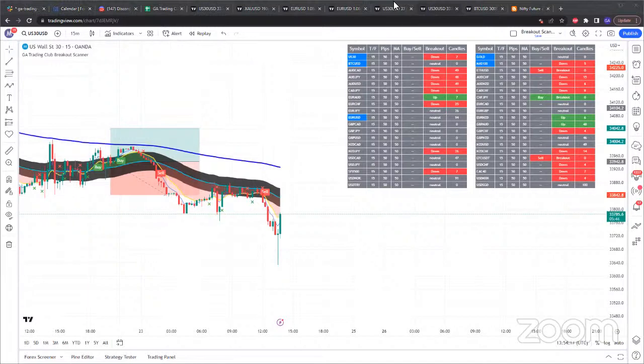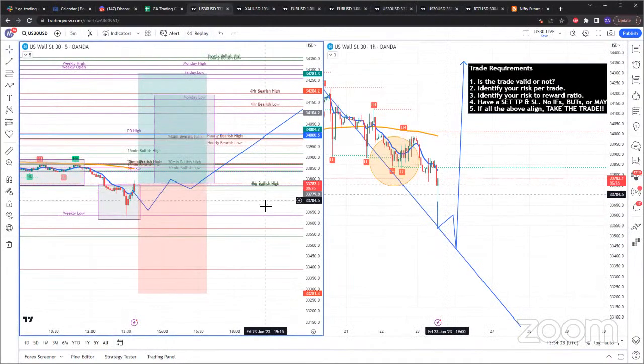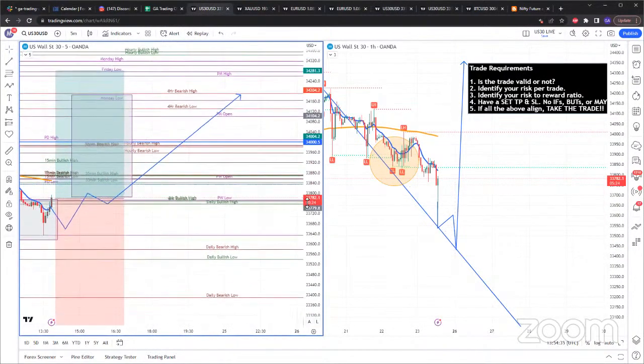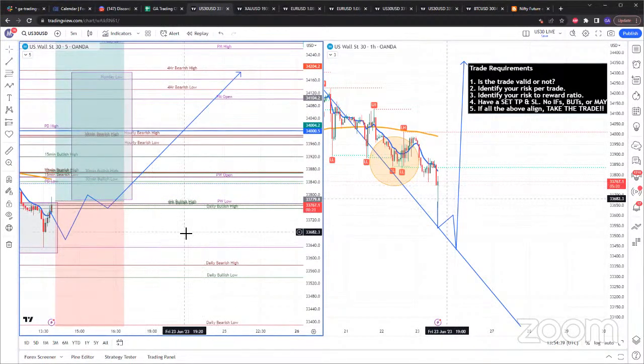So these other indicators did not really help me get an earlier entry. The reason I normally go to the other indicators after identifying a trade is as confluence. If the breakout scanner was about to give me a buy on US 30, and the crosses indicator was about to give me a golden cross, and we have a 4-hour bullish high and low and a daily bullish high and low, that would give me like a 95% probability of this trade hitting.